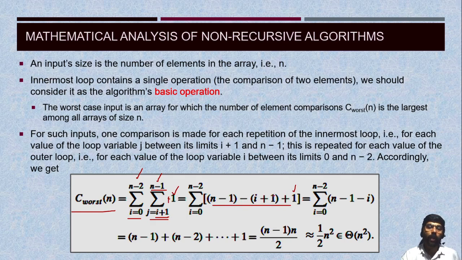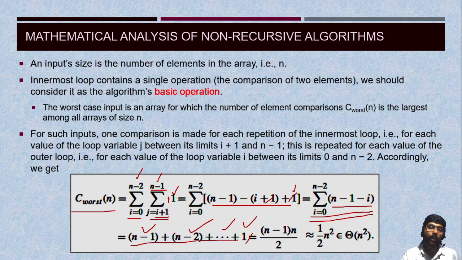When you solve it, these two ones are crossed out. We got n minus 1 minus i. If you properly see this summation formula, it's nothing but n minus i, with i as a counter here. It looks like a series starting from n minus 1 down to 1, that is, n minus 1, n minus 2, n minus 3, n minus 4, up to 1.